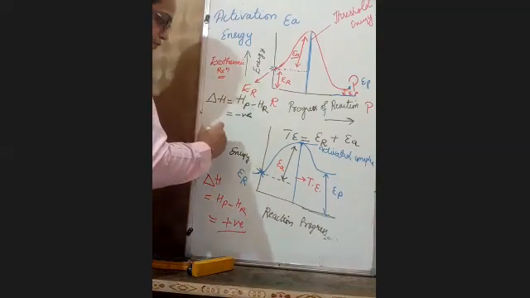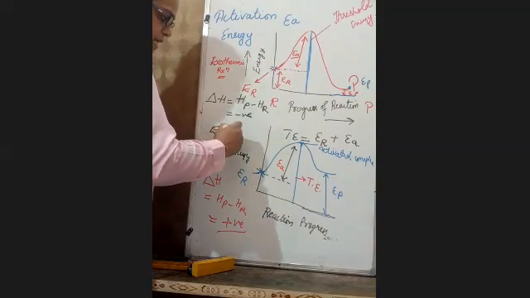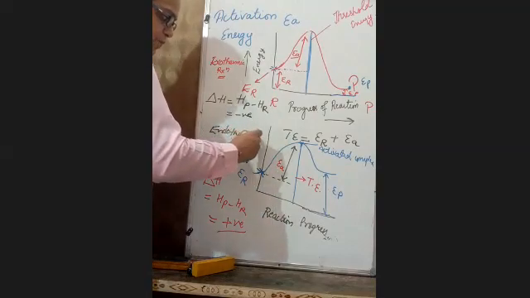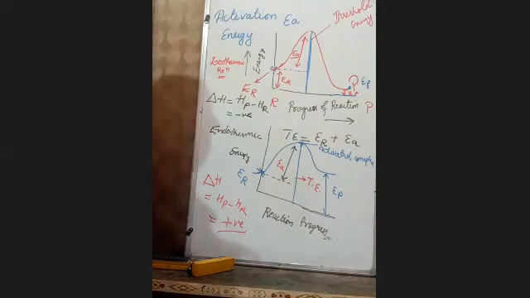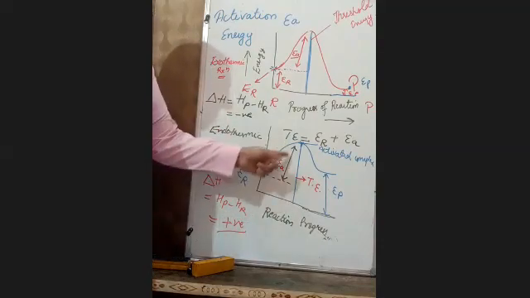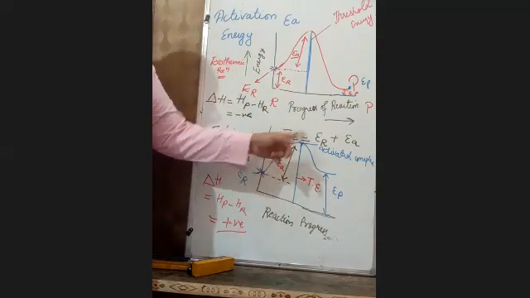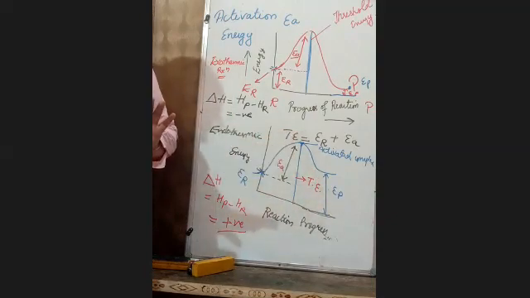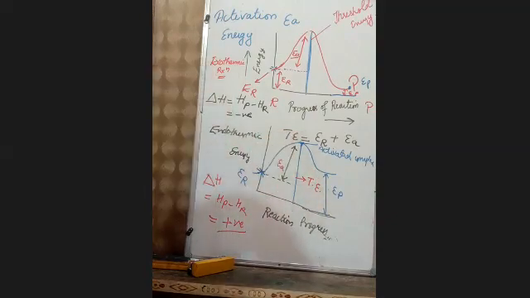In this, we have to give energy. Suppose I require 50 joules of energy for this conversion. And after the product formation, only 10 joules of energy is released.